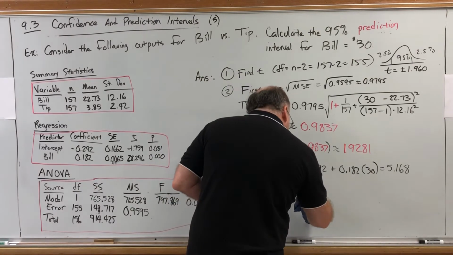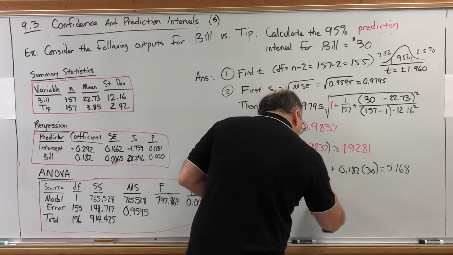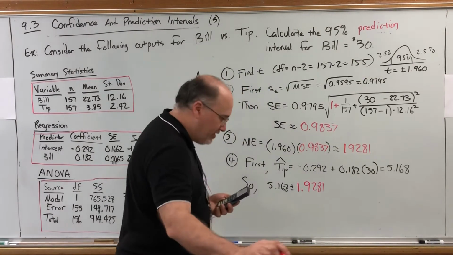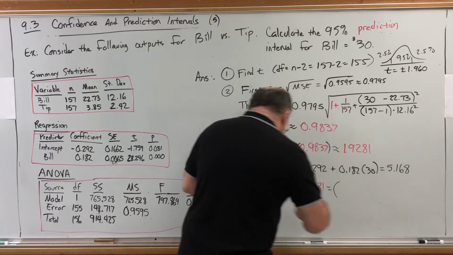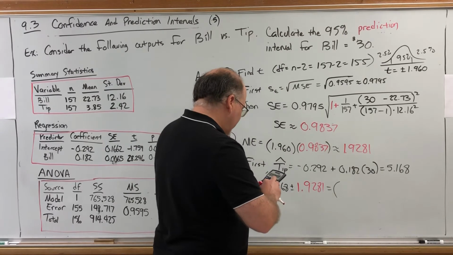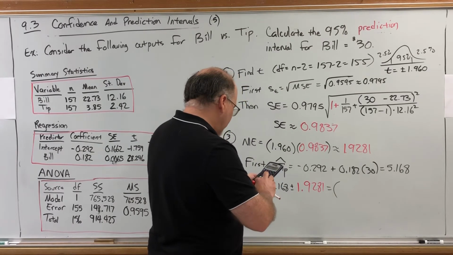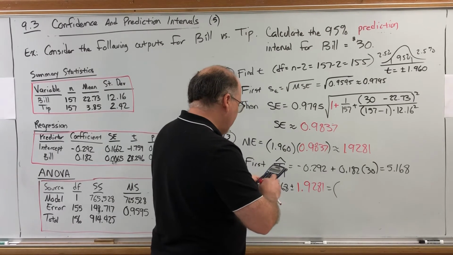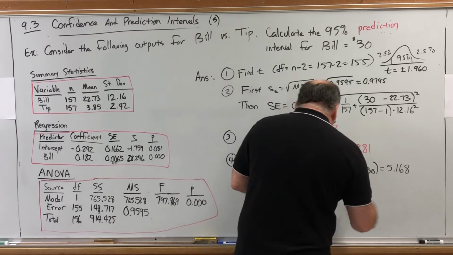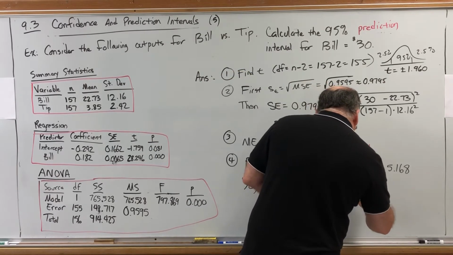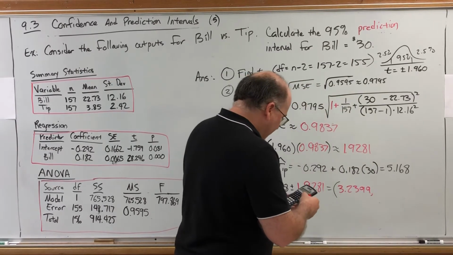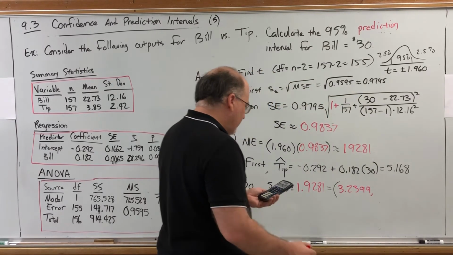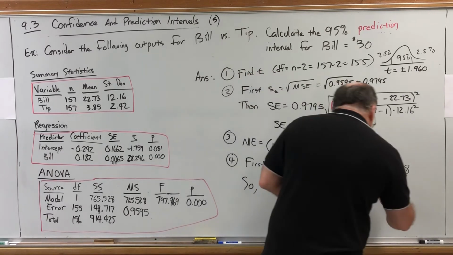So if we take that margin of error and use it to create our interval, let's see what that's going to be. 5.168 minus 1.9281 is equal to 3.2399. And if we add instead of subtract, we get 7.0961.